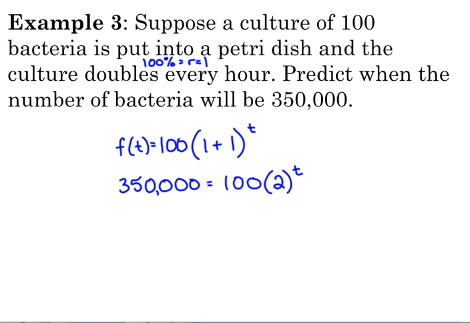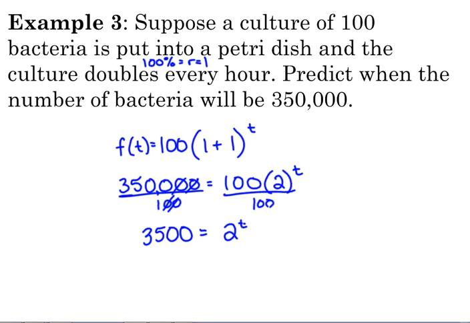Divide by 100. That leaves us with 3,500 is equal to 2 to the T.